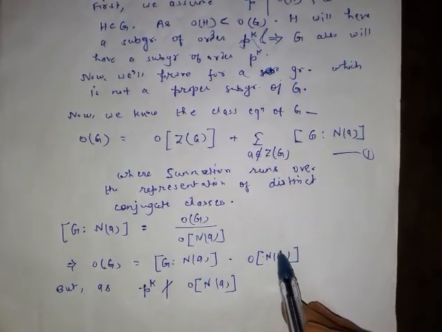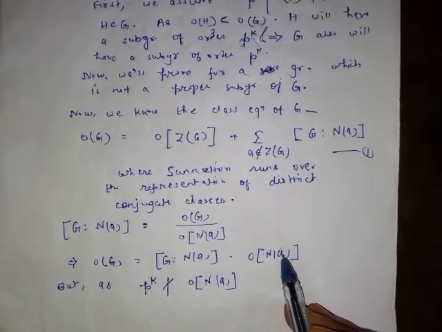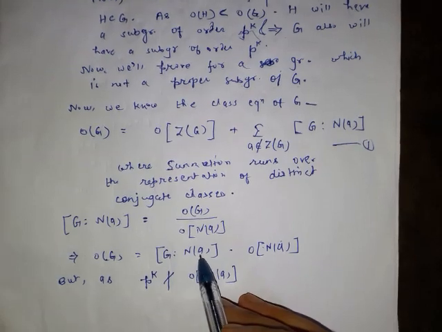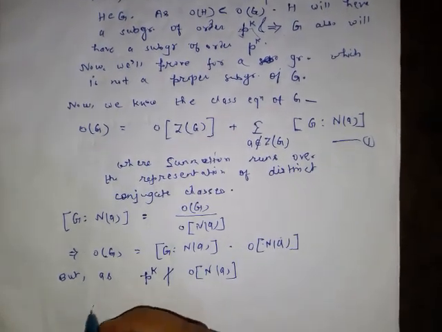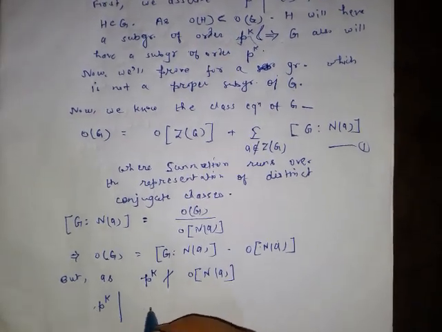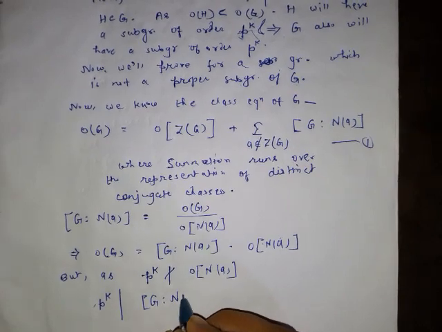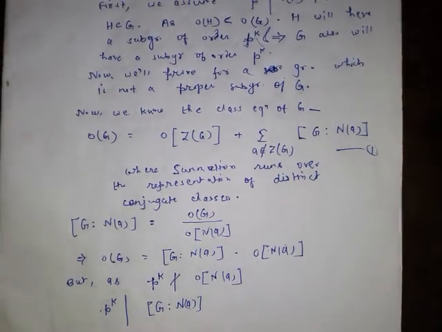But we see that this term is not divisible by p raised to the power k, so the remaining term must be divisible by p raised to the power k. That is, p raised to the power k must divide the order of the center, this one.